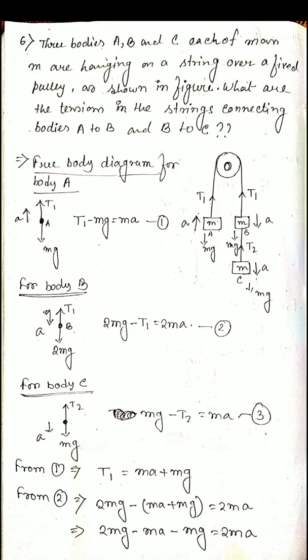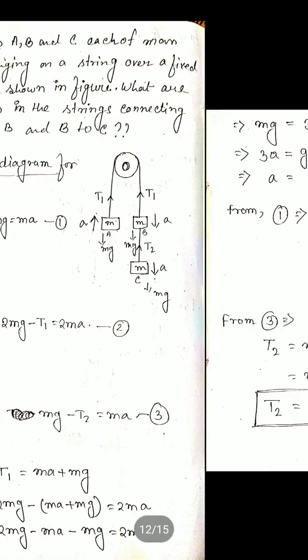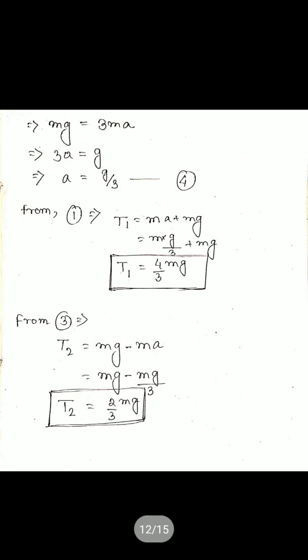And for C only one mass is there, so the forces are mg and T2. Acceleration is in the downward direction, that means mg minus T2 equals m into a. Now if you solve these three equations, from equation 1 you find the expression of T1, and from equation 2, in place of T1 you put this value, and you find a equals g by 3.